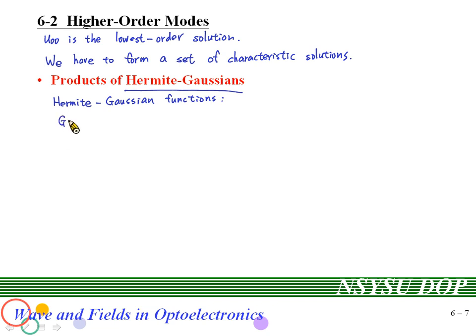As we know, the Gaussian function has this form. And the Hermite function is defined like this.